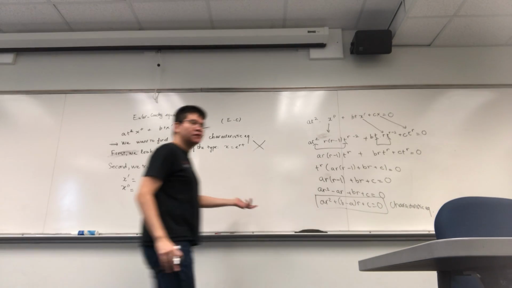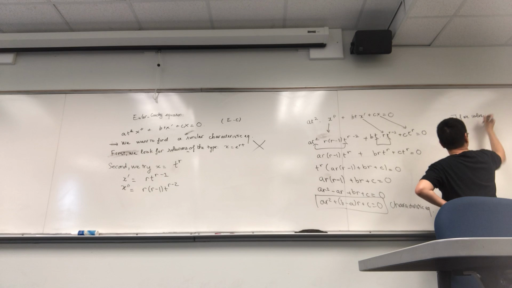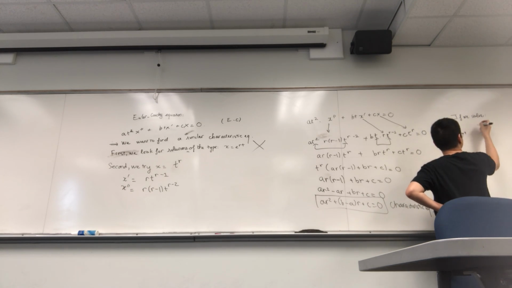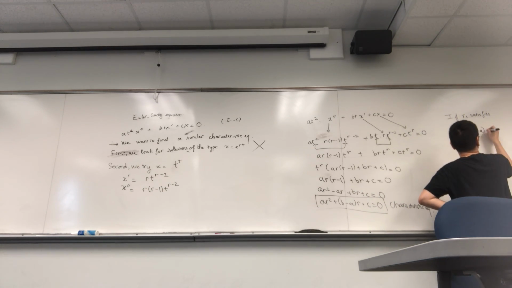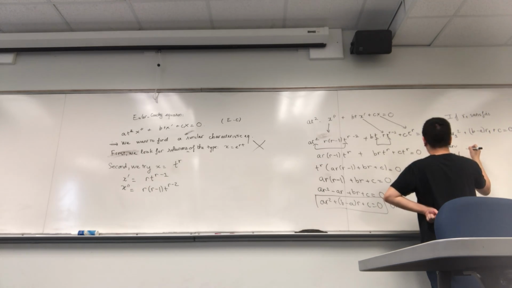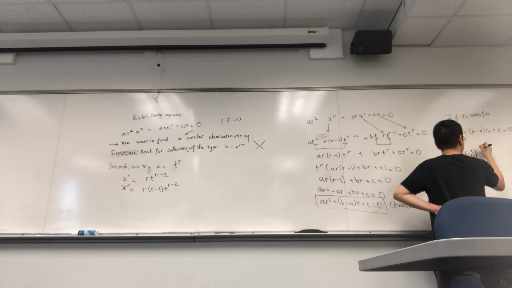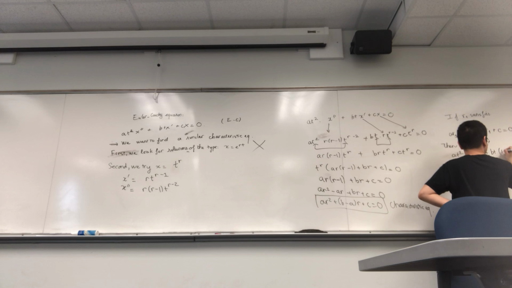So this is a characteristic equation in the sense that if r1 satisfies a r1 squared plus b minus a r1 plus c is 0, then a t squared (t to the r1) second plus b t (t to the r1) prime plus c t to the r1 is 0.